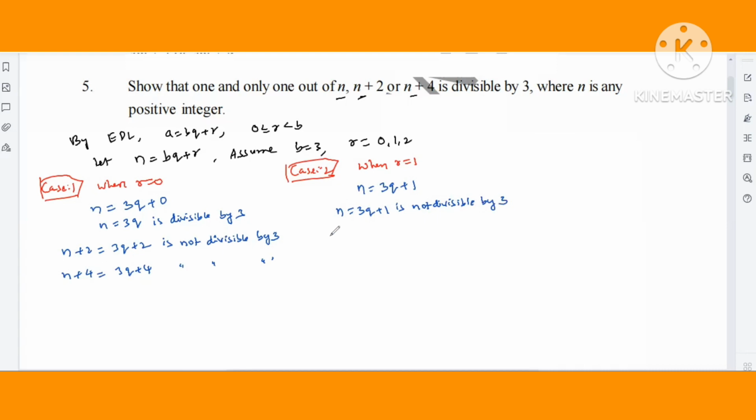But let us take n plus 2. n is 3q plus 1, and plus 2, that is 3q plus 3. That gives us 3 into q plus 1. This is divisible by 3. Now if we take n plus 4, we get 3q plus 5. Here we don't get 3 common, so it is not divisible by 3.